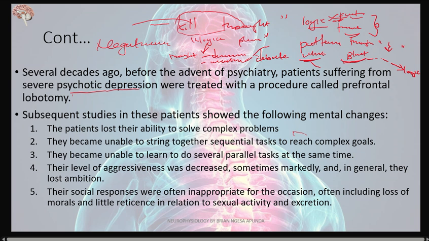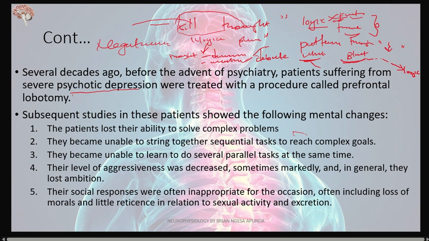Subsequent studies in these patients showed some of the following mental changes. It was seen that the patient lost the ability to solve some complex problems, suggesting that the prefrontal cortex is normally good at solving problems. They became unable to string together sequential tasks to reach some complex goal.